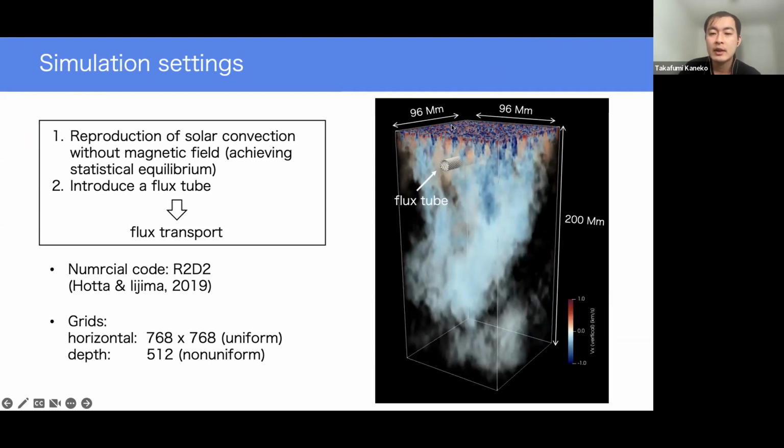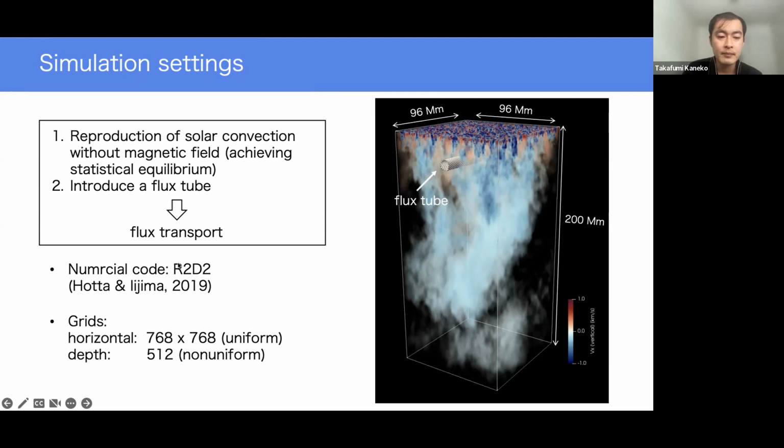And we add the flux tube at a certain depth, and then just let it be. The convective flow may transport the flux tube to the upper layer, lower layer, or horizontally; we don't know.